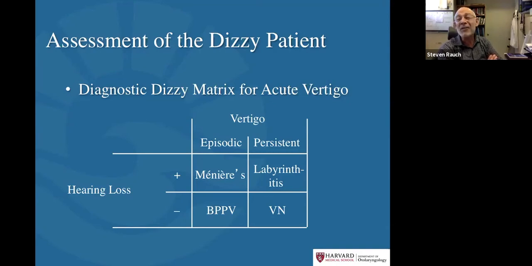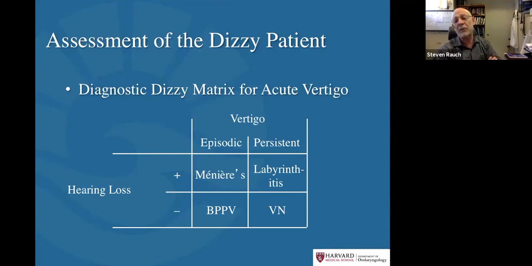There are no ENTs out in your community or mine who make a correct dizzy diagnosis 60 or 80% of the time. If you do it like this in about a minute and a half, you're going to be like the local hero. And on the persistent side, persistent vertigo is going to be labyrinthitis or vestibular neuritis, and the difference is that everybody with labyrinthitis, by definition, loses hearing when they lose their balance.